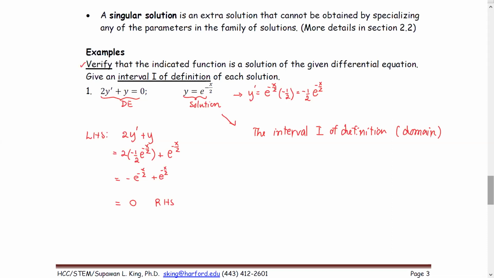For this one, y equals e to the negative x over 2, we know that the exponential function is always defined on the real number set. Therefore, the interval I of definition is the set of all real numbers, or negative infinity to positive infinity.